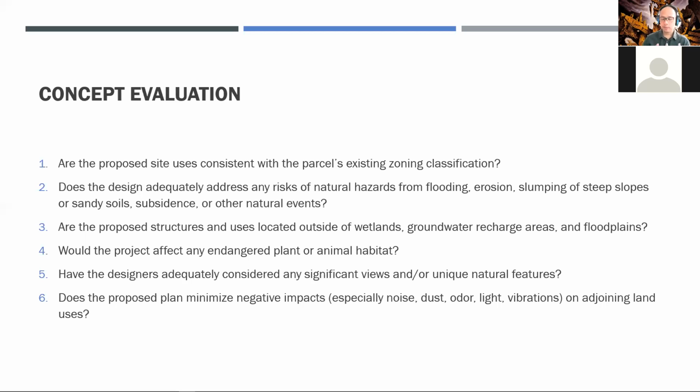Would the project affect any endangered plant or animal habitat? Have the designers adequately considered any significant views and or unique natural features, and what do we do about them? And finally, does the proposed plan minimize negative impacts, especially noise, dust, odor, light, and vibrations on adjoining land uses?